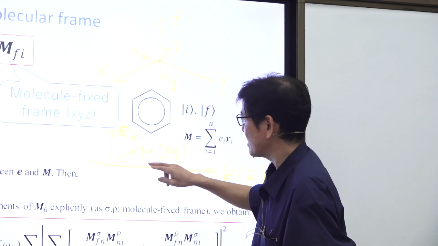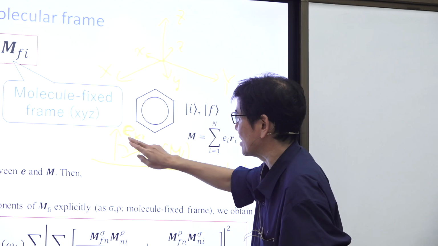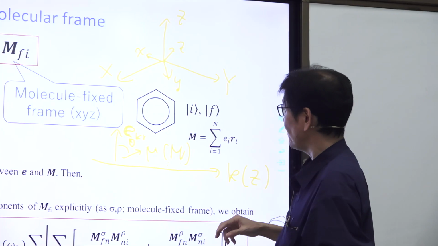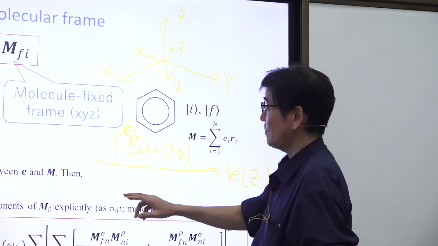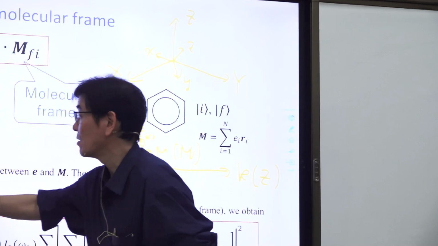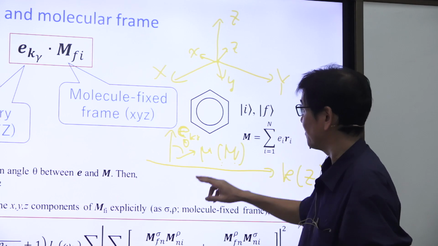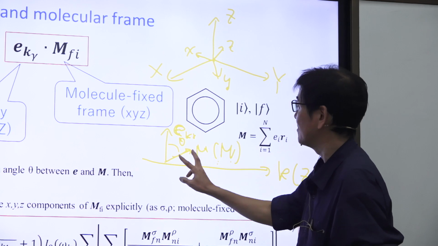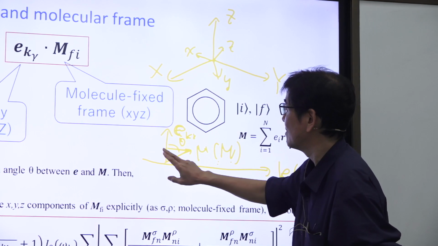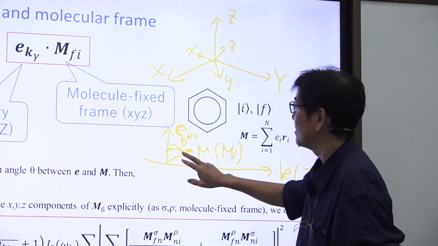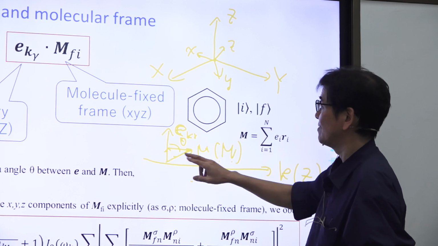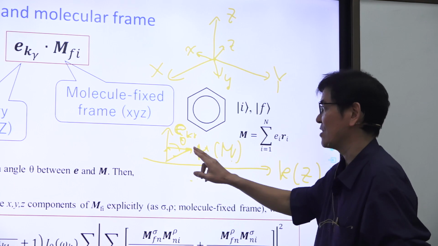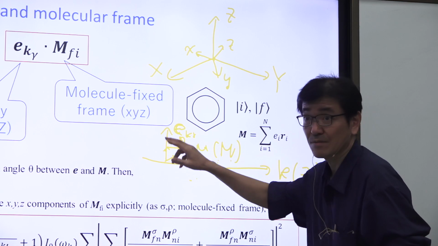And always we can define the angle theta between two vectors. Then by considering cosine theta, we can calculate the inner product.